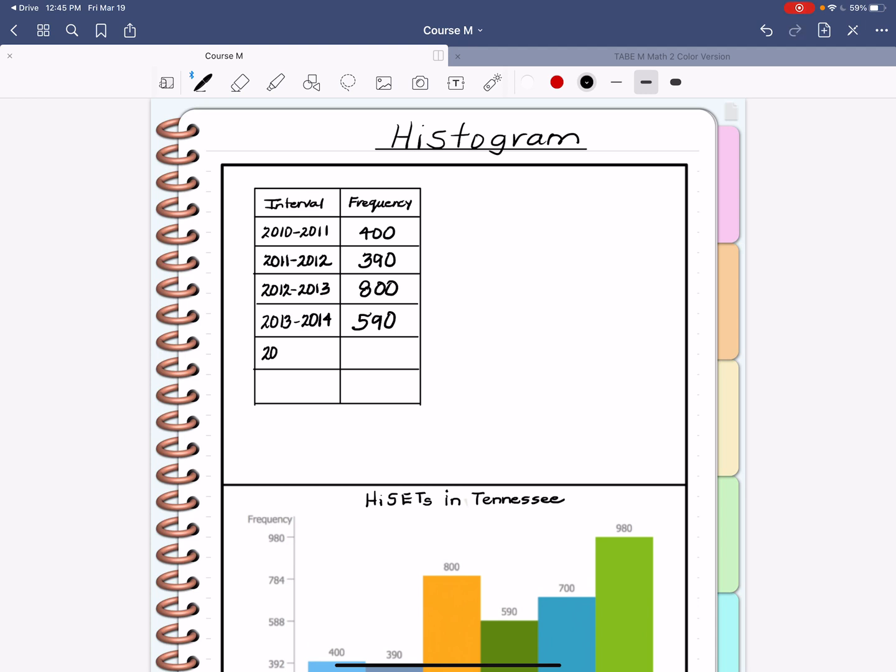So in 2015, in this 12-month period, things improved. We went to 700. And then look what happened in 2015 to 2016. I would be trying to figure out what caused this to happen, and I would want to repeat that.